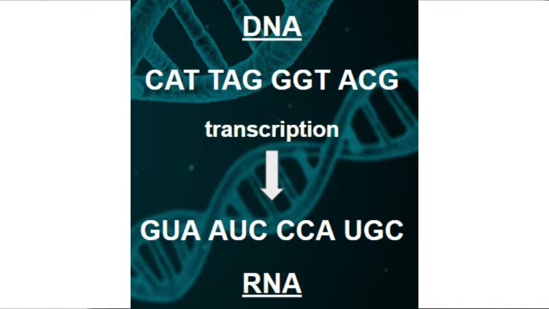That's how we go from DNA to RNA. That is the process of transcription. So using that rule, we can make the entire DNA strand into an RNA strand, and we end up with GUA, AUC, CCA, and UGC.